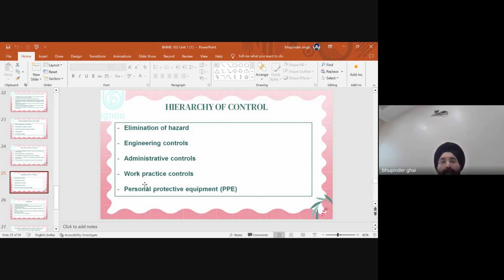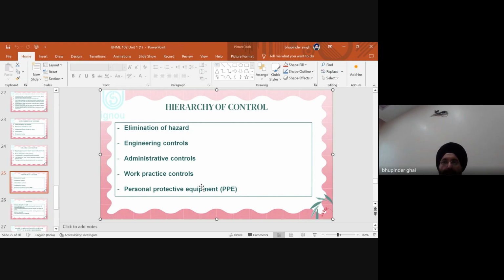That means if you cannot control hazards or risk by the other methods, the last resort is personal protective equipment. Give the worker personal protective equipment appropriate for that particular hazard. Suppose there is noise, give them ear muffs or ear plugs so that they can put the ear plug in the ear and the noise will reduce.